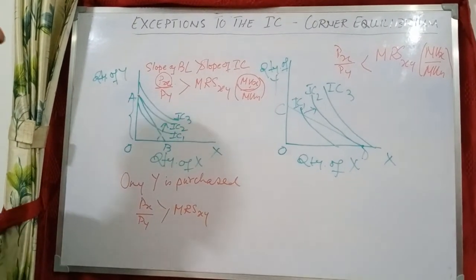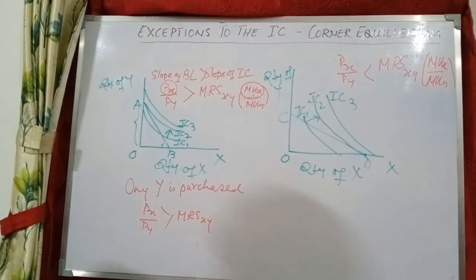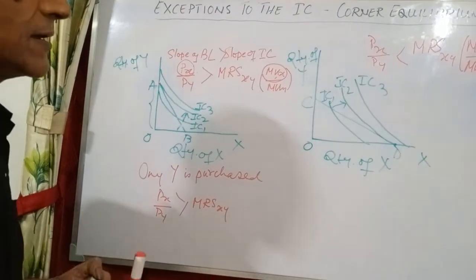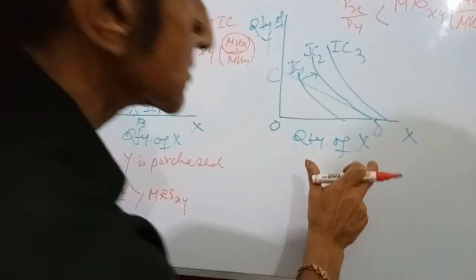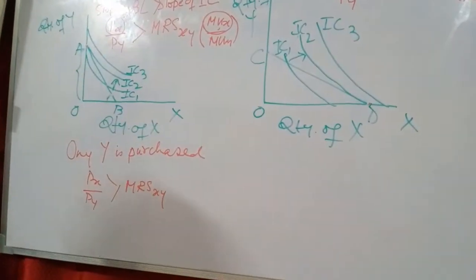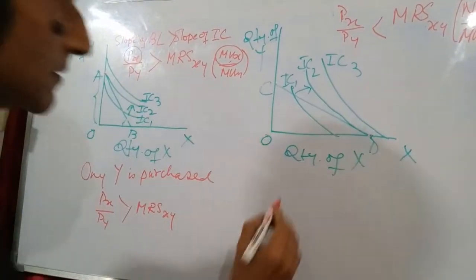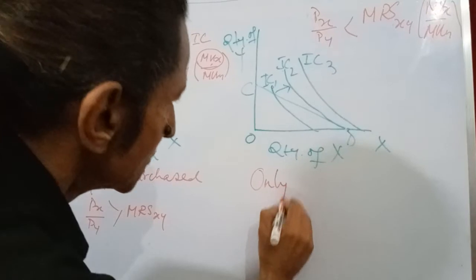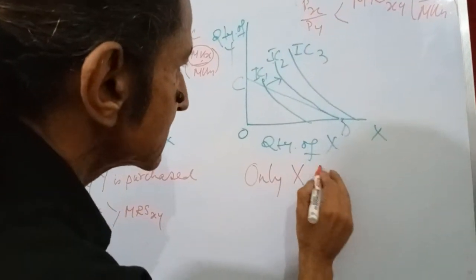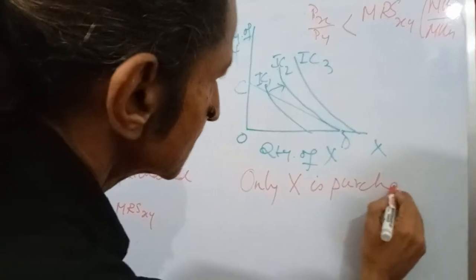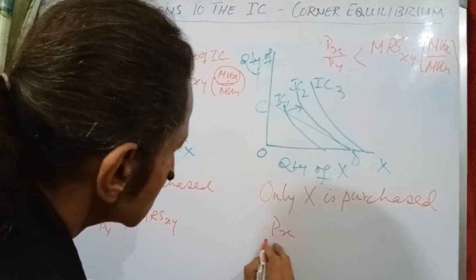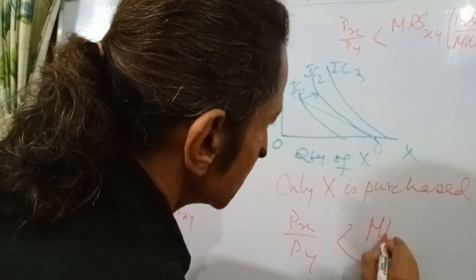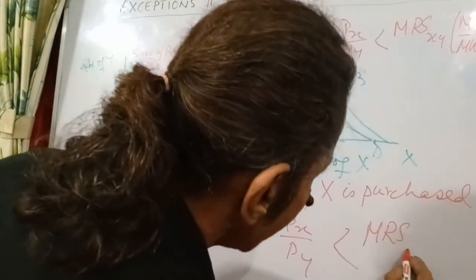So he will go on purchasing more of X and less of Y until he reaches this point where he purchases only X and zero quantity of Y. So here only X is purchased. The condition is this: PX by PY is less than MRS XY, that is the marginal rate of substitution of X for Y.